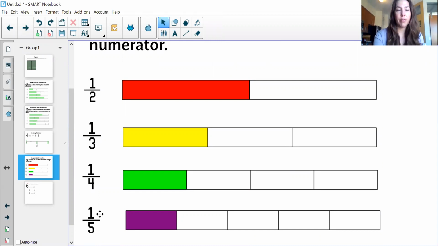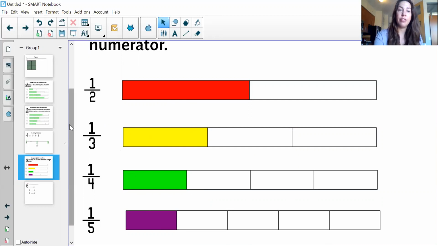All of those are unit fractions because they tell us about the size of the unit: halves, thirds, fourths, fifths. So here you can see what the size of each fractional unit is. When we start changing the numerator, we change the number of those units. But this is just what each one of those units looks like.